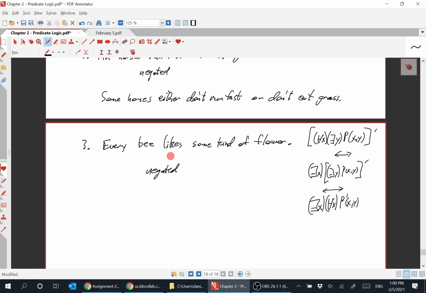So every bee likes some kind of flower. Right? Every bee likes some kind of flower. Negated is going to be some bees what? Don't like.